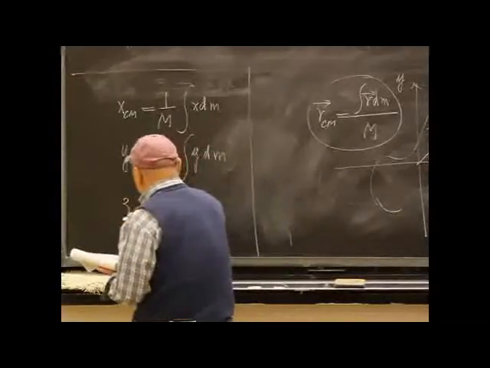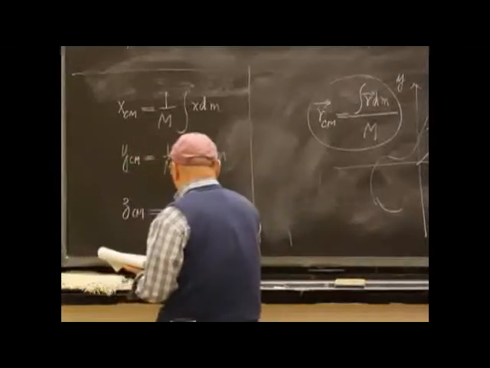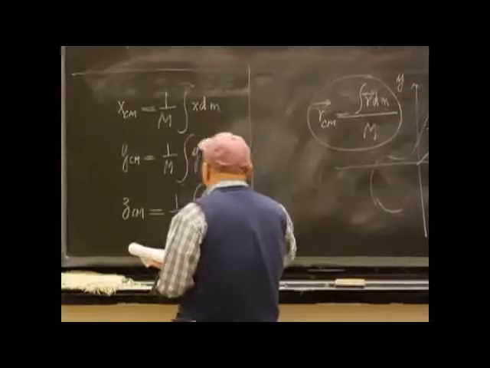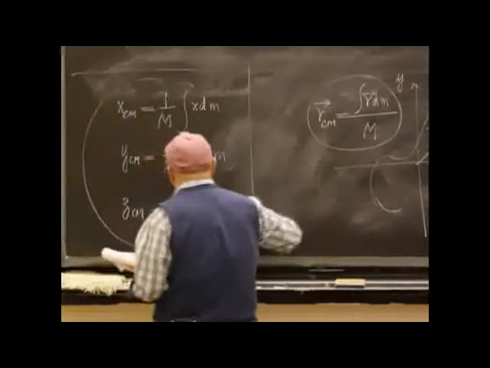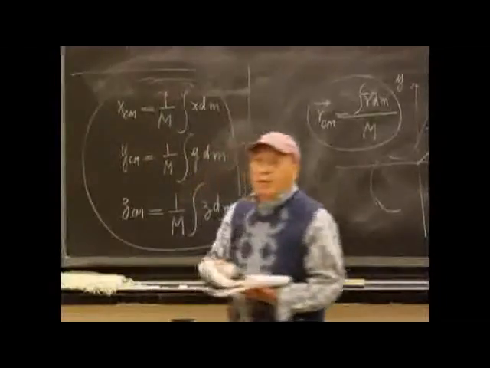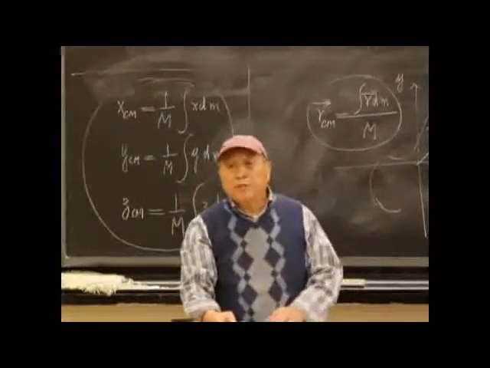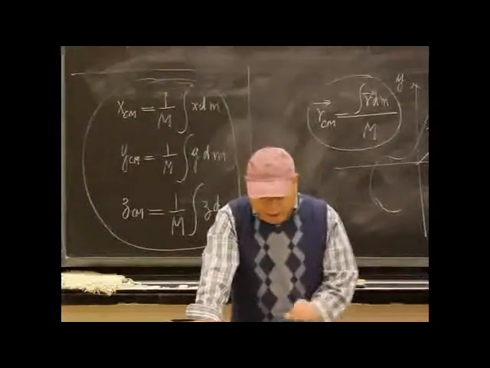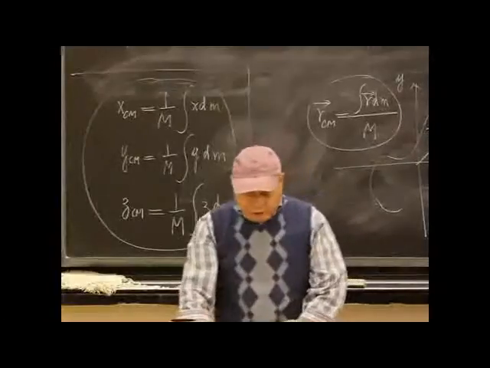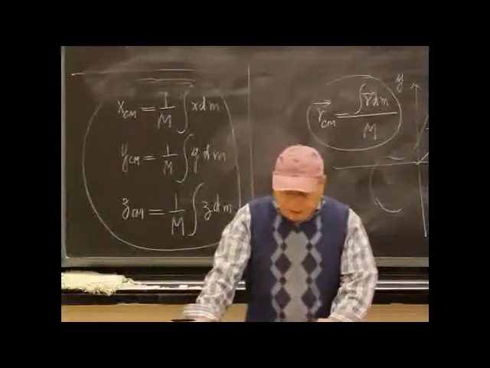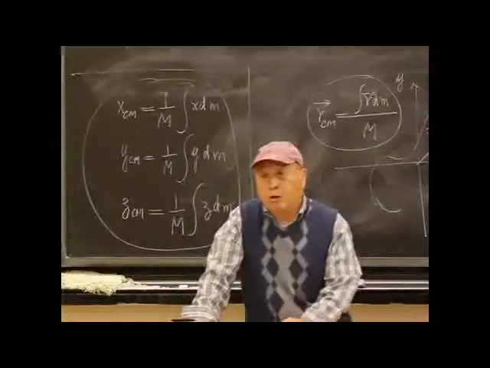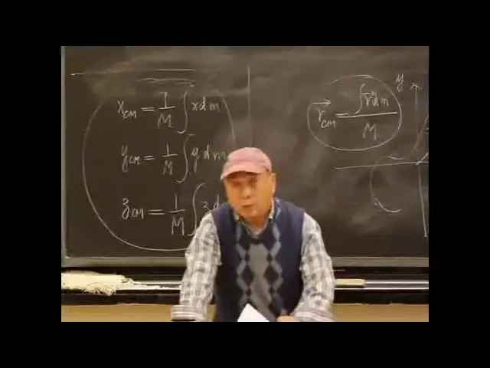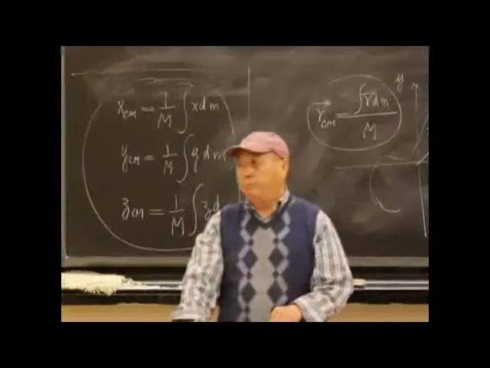And then zcm is equal to 1 over M times the integral of z dm. So this is a 3-dimension consideration, with different centers of mass along the different axes. For this, a very good example for calculating center of mass is example 8.12. We want you to study up on it. There might be one potential testing problem. That's important.